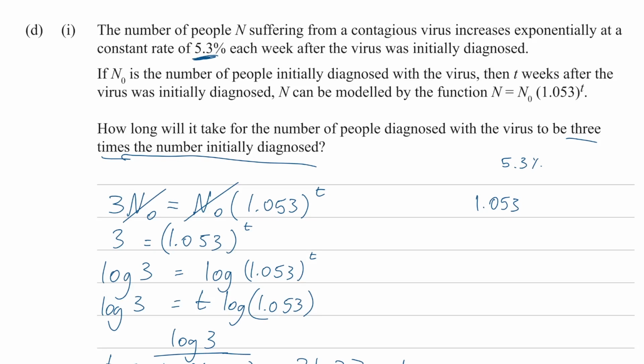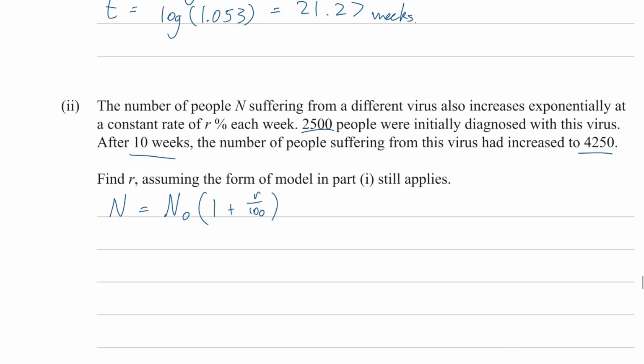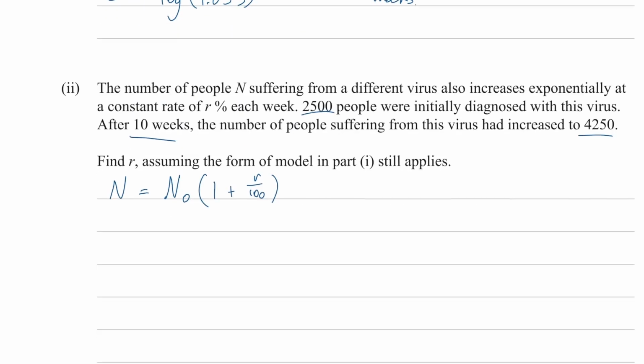So just something to watch out for is to convert the percentage to a decimal, and since it's increasing, we add that to 1. If it was decreasing, we'd subtract it from 1. So that's how we get this expression here. And now that's all raised to the power of t.